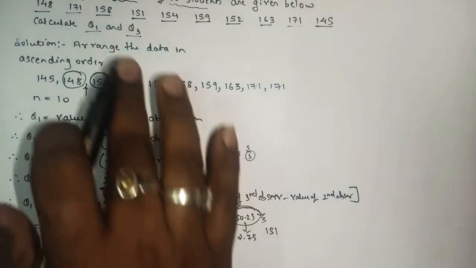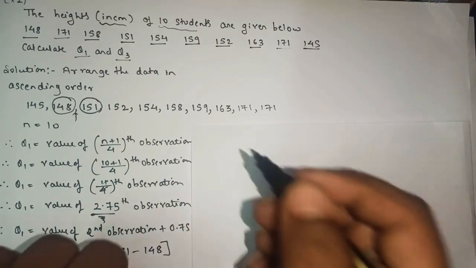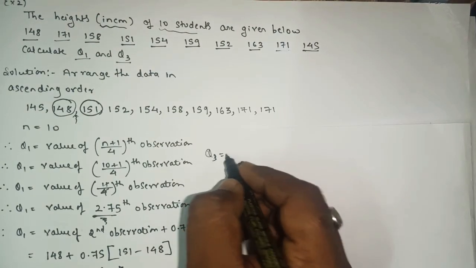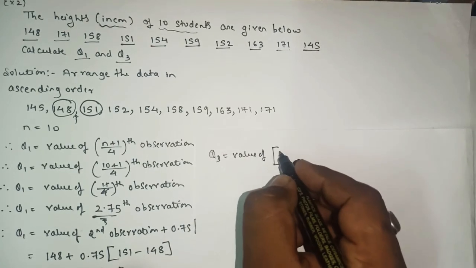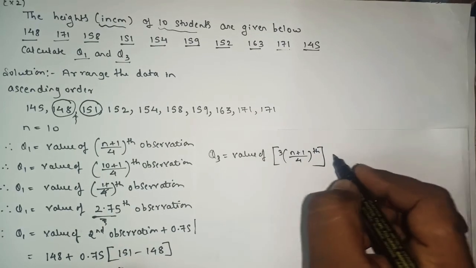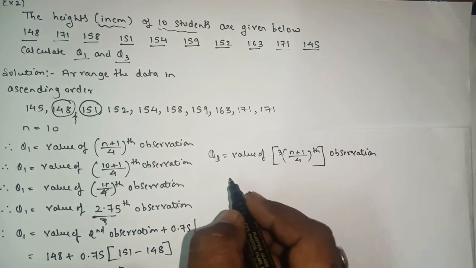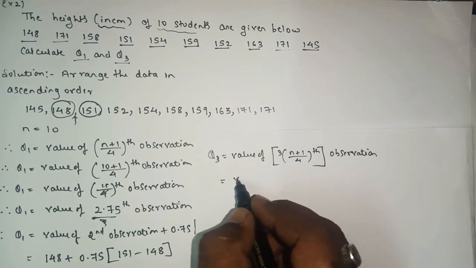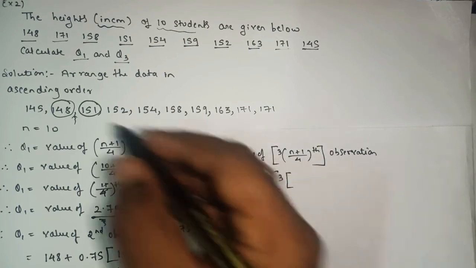Now we'll see the Q3 section. So now we'll write the formula for Q3. It is value of (3n plus 1) upon 4th observation. Yes or no? So here value of n is what?